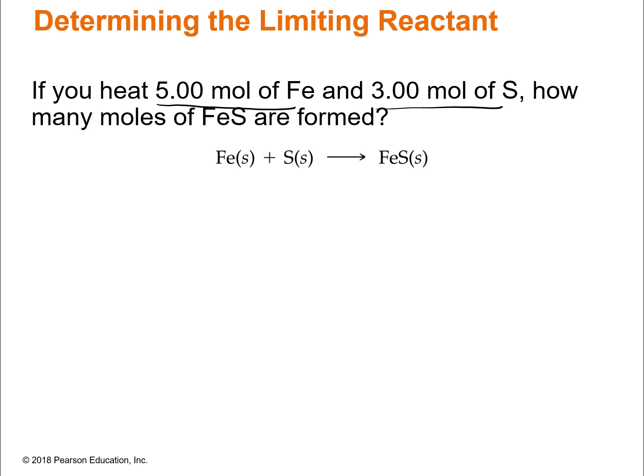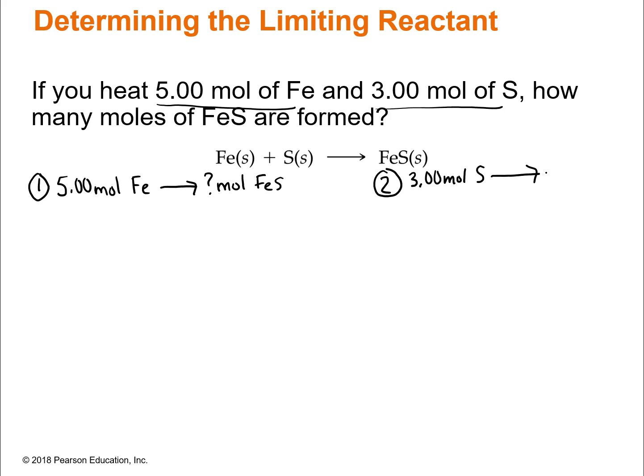What we're doing here is really 2 small problems. The first problem is if we have 5 moles of iron, how many moles of iron 2 sulfide can we make, assuming that we have all the sulfur in the world? The second question is if I have 3 moles of sulfur and all the iron in the world, how many moles of iron 2 sulfide will I make?